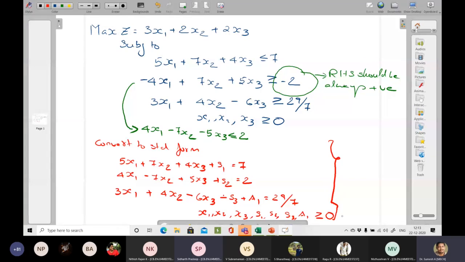This constraint will never enter the solution space. So to avoid that, we always take the RHS as positive. That is a rule you have to follow in Simplex. Is the conversion clear? Any other doubts?